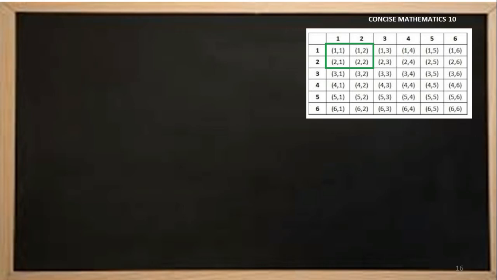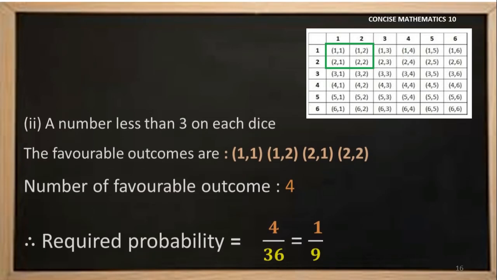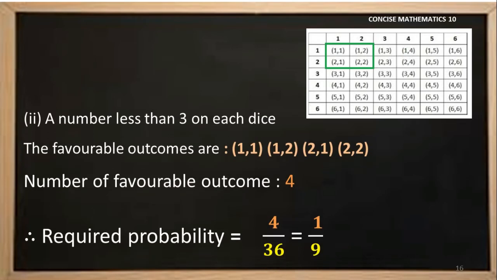Because a number should be less than 3. Hence let me go to the second column, that is 2, 1 they are less than 3, 2, 2 they are also less than 3. The remaining outputs cannot be considered because they do not satisfy the given condition. Hence, there are only 4 favorable outcomes and the probability is equal to 4 by 36, which is equal to 1 by 9.